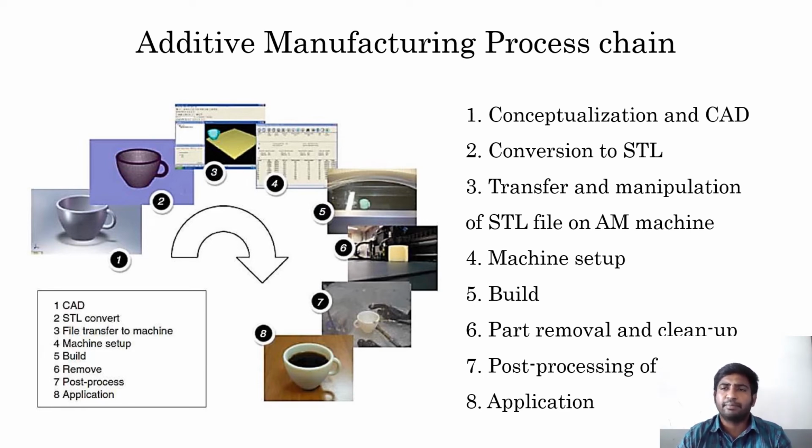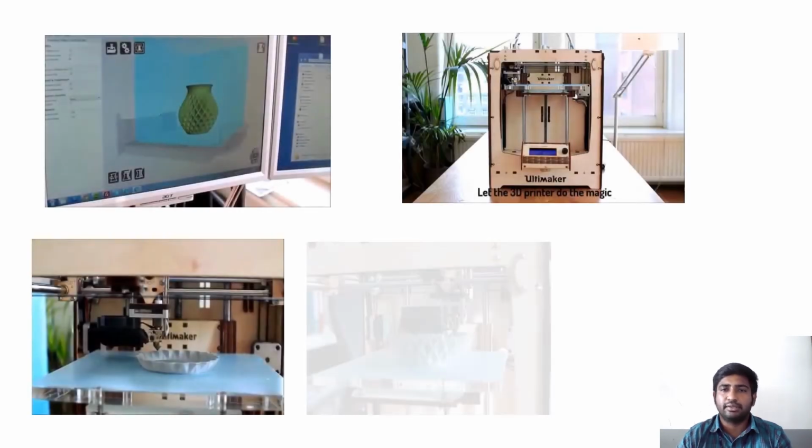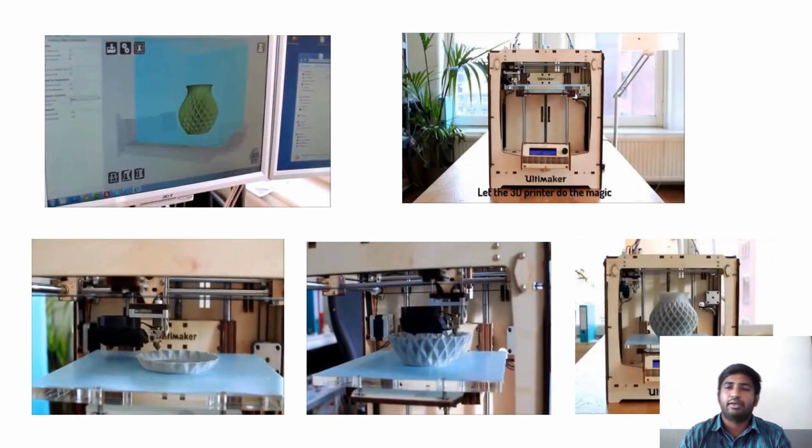Okay, so let's move on to the exact process. As I already said, the CAD model can be created in any three-dimensional software. This is the 3D printing machine, the additive manufacturing machine. Here the base layer is done, and the layer by layer process starts here.